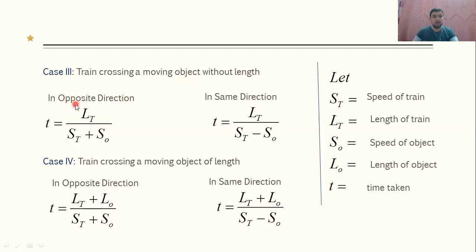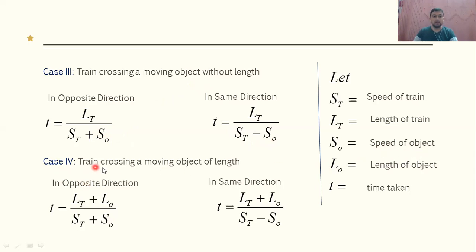If the train and object are moving in opposite direction, time taken will be equal to LT upon ST plus SO. See, opposite direction, addition. Same direction, difference. If the train and object are moving in the same direction, time taken is equal to LT upon ST minus SO. What is SO here? It is the speed of the object.